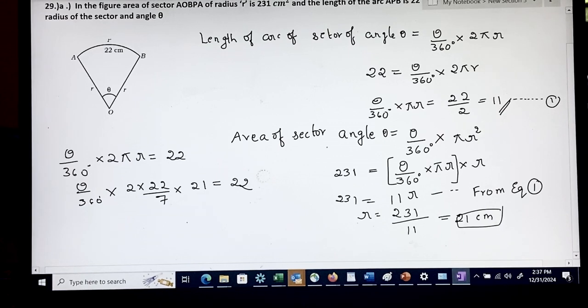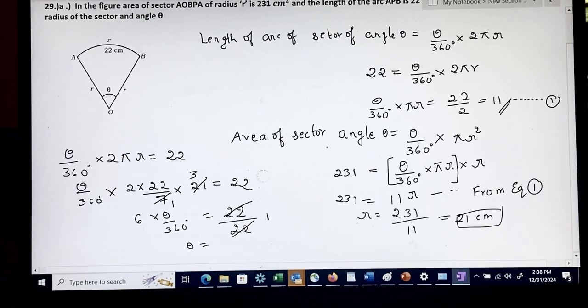Now 7 ones are 7, 7 threes are 21, so that leaves 3 twos. 3 twos are 6, so 6 into theta by 360 degrees equals 22. Taking this 22 to the other side, divided by 22, 22 cancels and it remains 1.